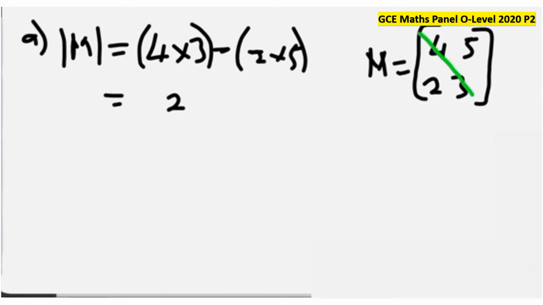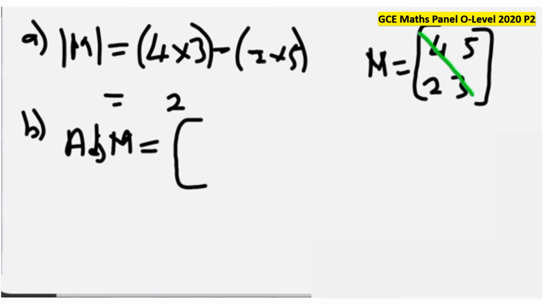Next is the adjugate of this matrix, adj M. To get the adjugate of the matrix, the first thing is to swap the leading diagonal entries. So instead of 4, 3, I'll have 3 here and 4.